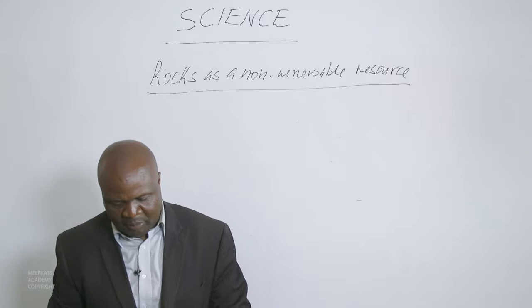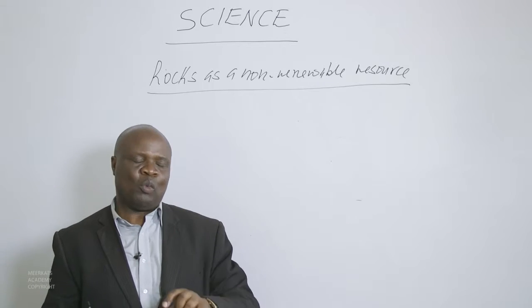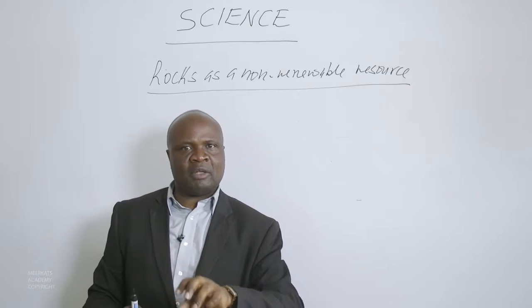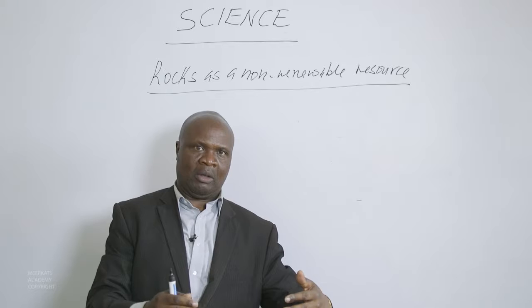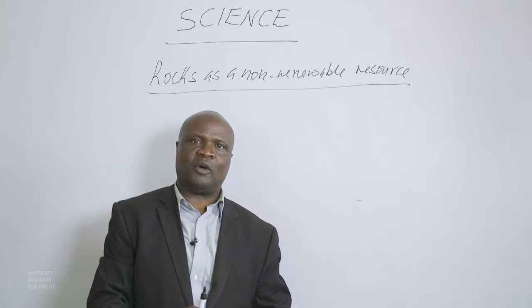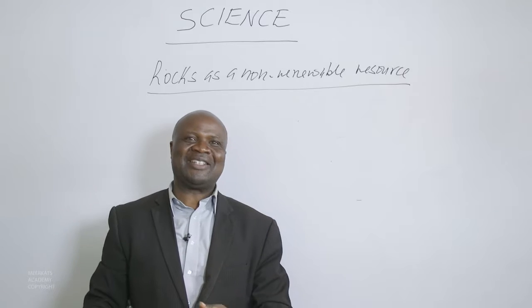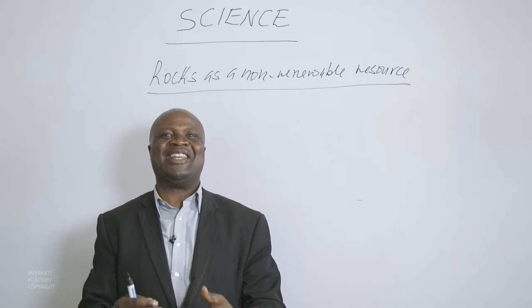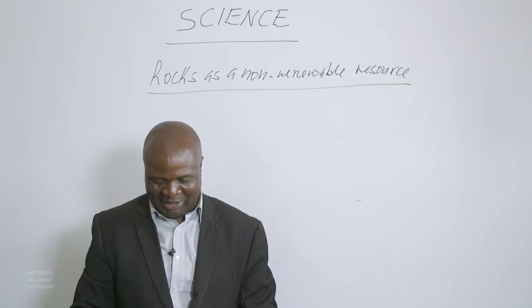But what is very important first, when we talk about sedimentary rocks, they are not only formed from small particles that are broken down from rocks. They are also formed from animals, like the fossils. These are alive animals, but when they die, they can also form some kind of rocks. They can form part of the sedimentary rocks.